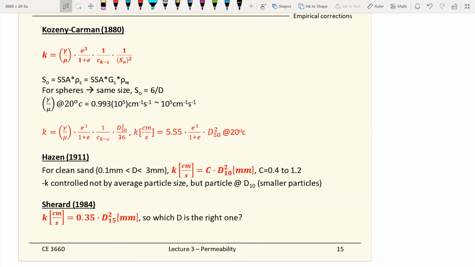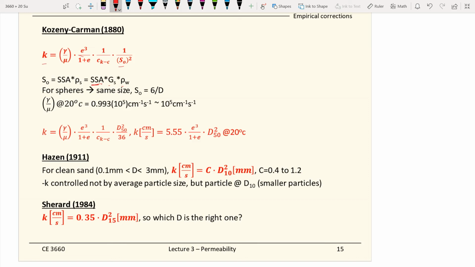So those correlations may help you, based on the parameters that you know, for example, the void ratio of the soil, and also some more sophisticated parameters such as S0 over here, which depends on the specific surface area of the soil times G sub S and times the unit weight of water. That may help you plug into the equations. That may help you baseline or ballpark your hydraulic conductivity.